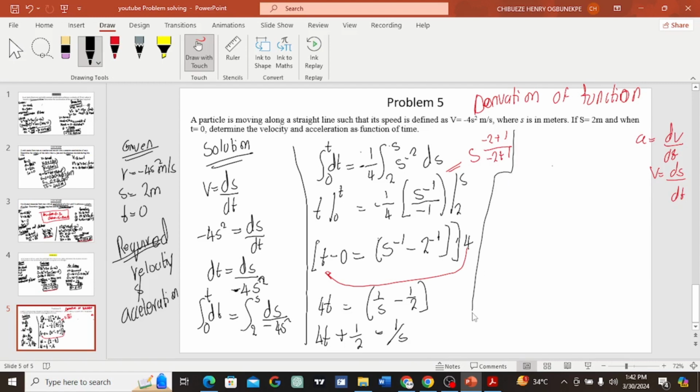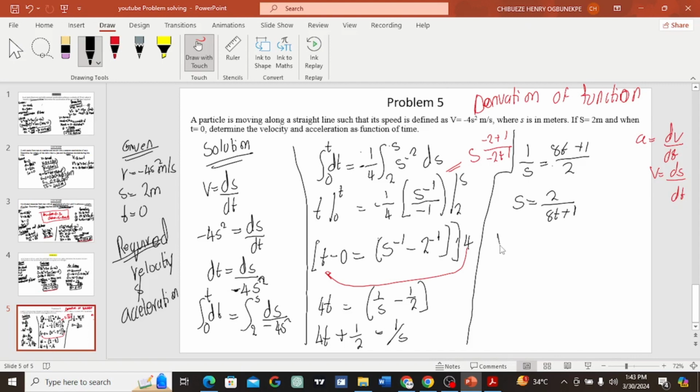Remember, we are looking for s. 1 over x equals, multiplying by 2, 8t plus 1 all over 2, where our s is equal to 2 all over 8t plus 1. So now we have our s, we'll be looking for our velocity.